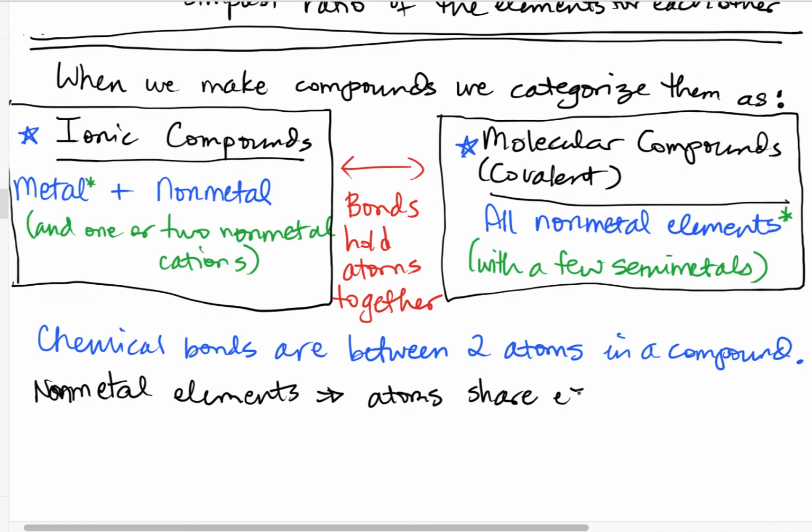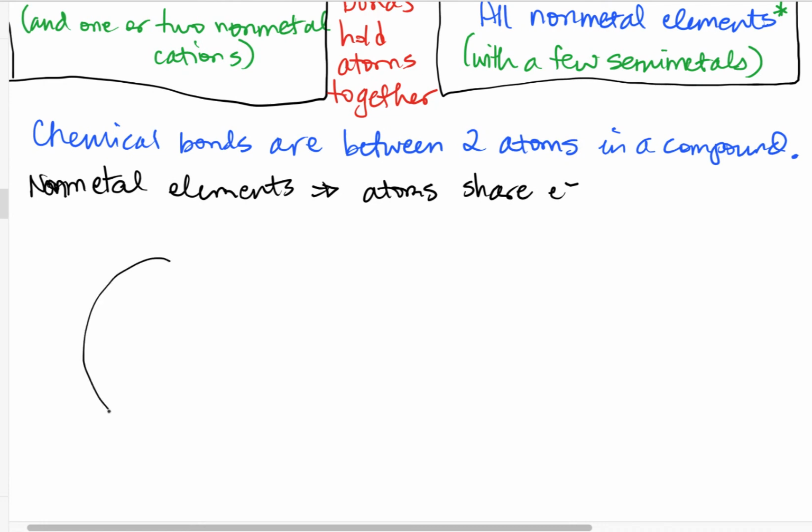I'm going to draw a picture here. Remember how we looked at the structure of the atom and we said, all right, we've got this little nucleus here that's small and positively charged where the protons and the neutrons are, that are all packed in. And then we've got some electrons hanging out around the outside.